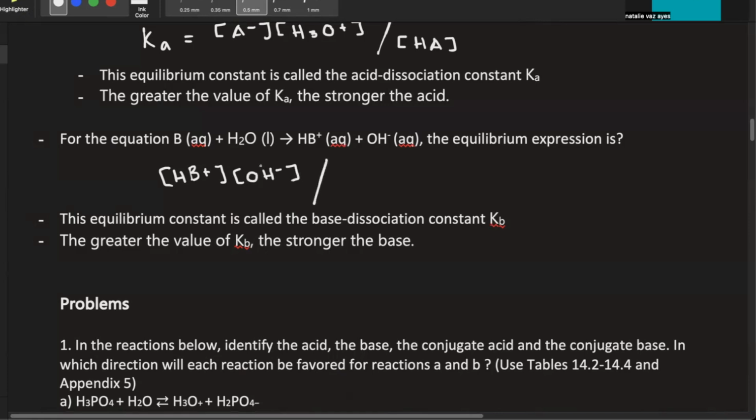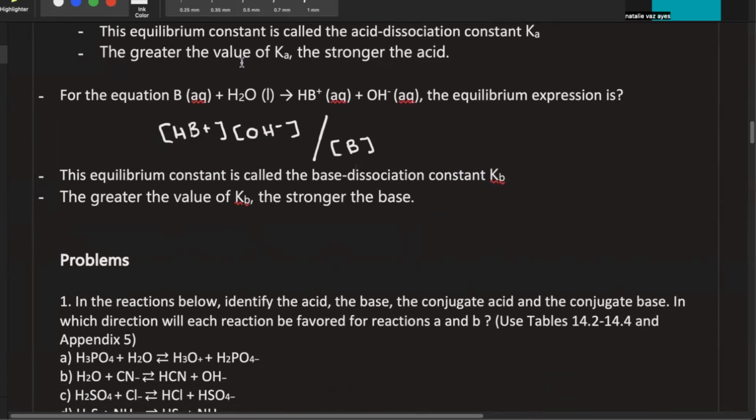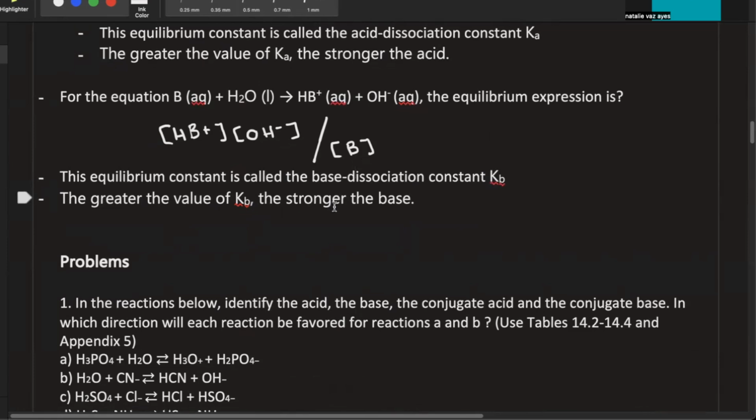And that's going to be over, again, since H2O is in its liquid form, we're going to only include B. This equilibrium constant is called the base dissociation constant. So whenever you're working with acids, you're going to look for Ka, and whenever you're working with bases, you're going to look for Kb. And similarly to Ka, the greater the value of Kb, the stronger the base.